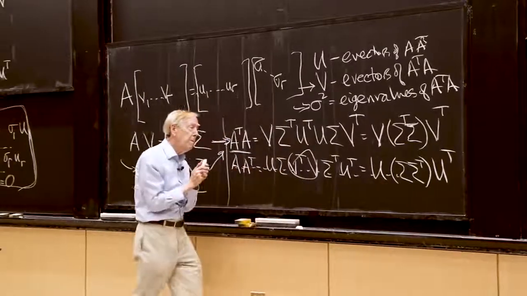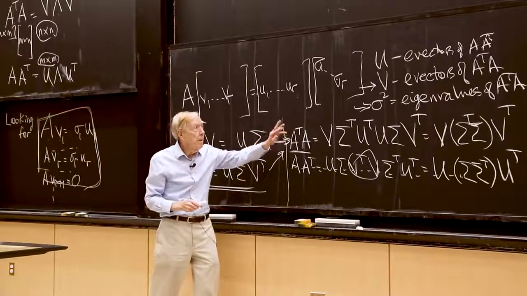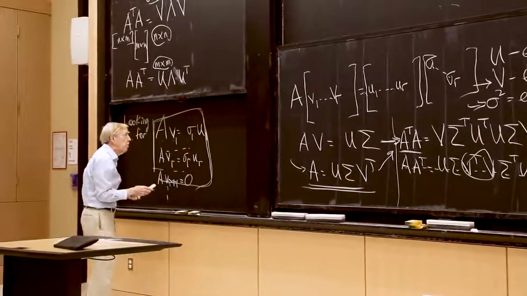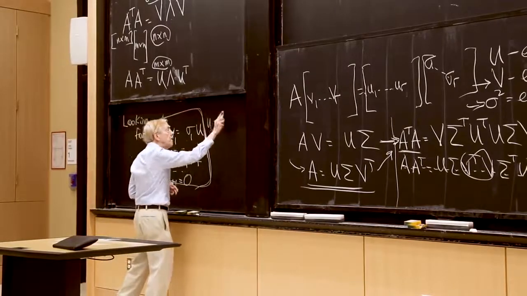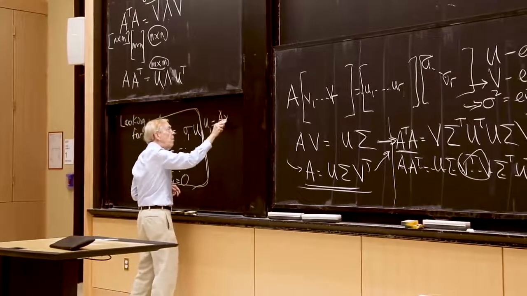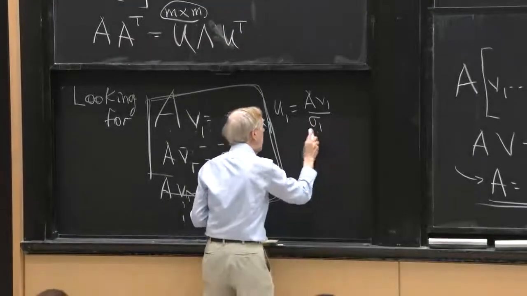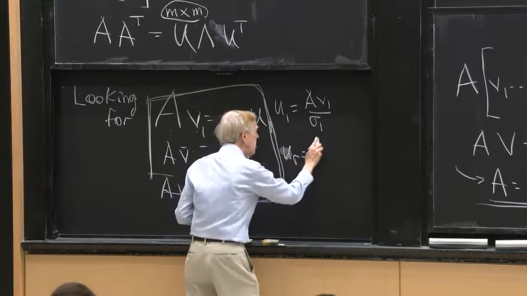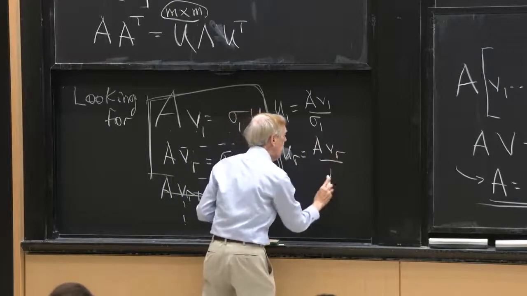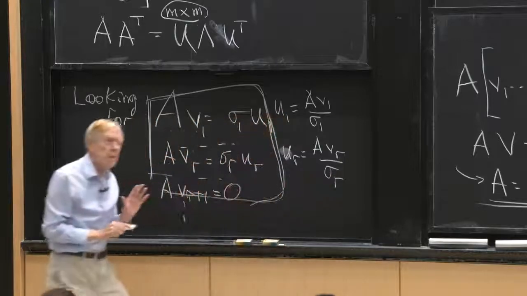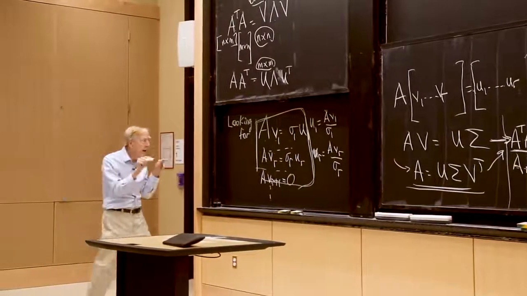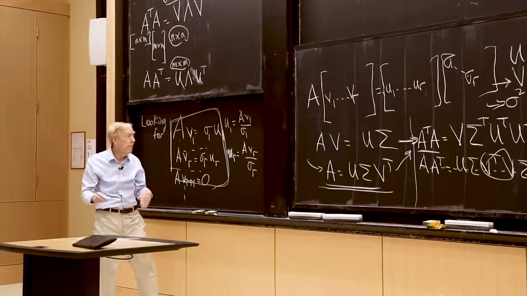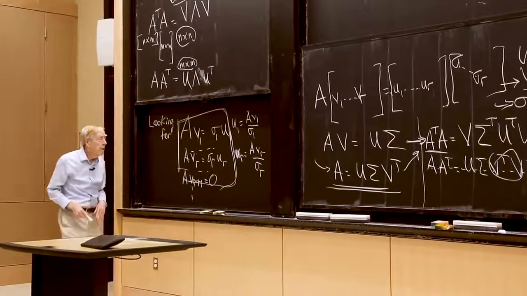Of course, it's in the back of my mind, but I'm not using it. I'm going to get the U's from here. So U1 is A V1 over sigma 1, up to UR, which is A VR over sigma R. Do you see what I'm doing here? I'm picking, in a possible plane of things, the U's I want.